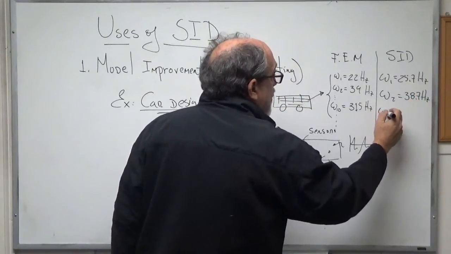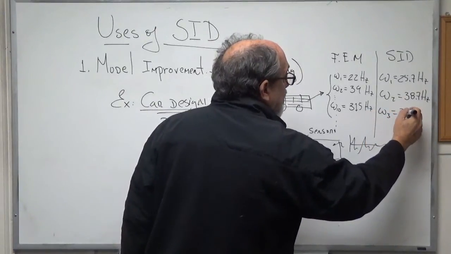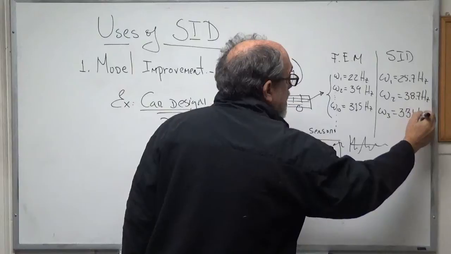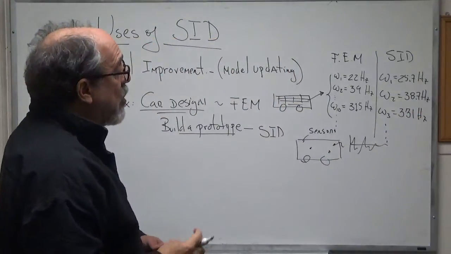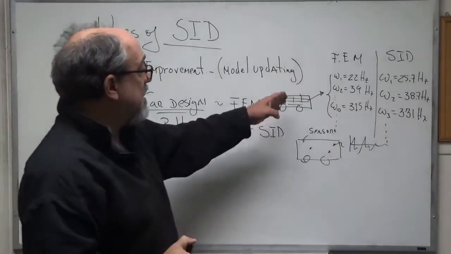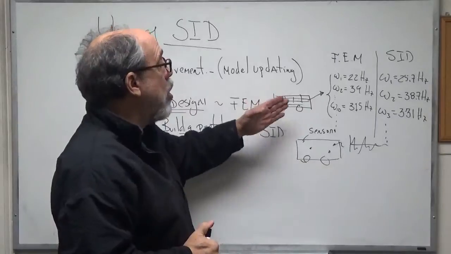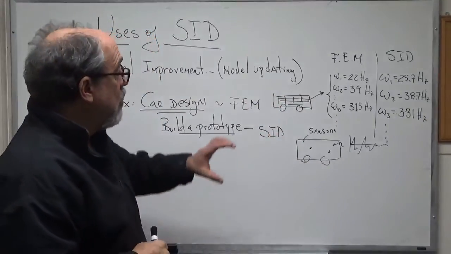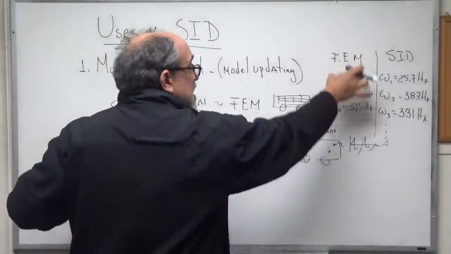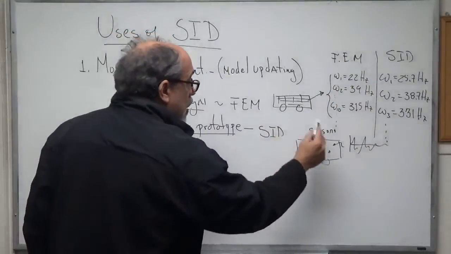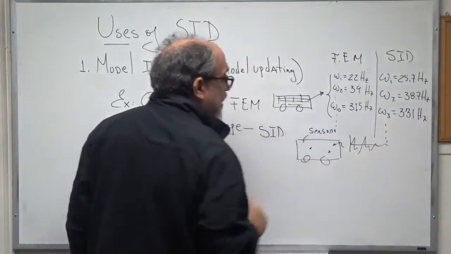And the frequency of the third mode was not 315, but 331 hertz, etc. In other words, you are never going to make a model that is exactly correct, because reality is just simply more complicated than any model. You've done your best. This is what your finite element says. But now you go to system ID and the identification tells you these are the actual frequencies.